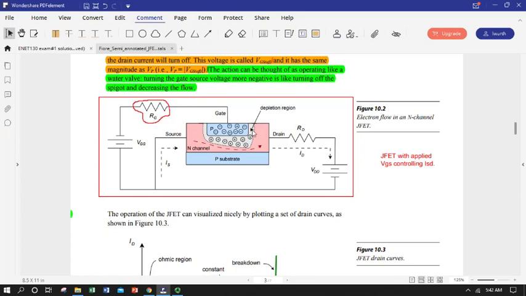Those majority charge carriers are going to withdraw from the interface, and they're not going to be available. So we end up growing, the more we apply a negative voltage to the gate, a big blob of effectively intrinsic semiconductor material out into the n channel.